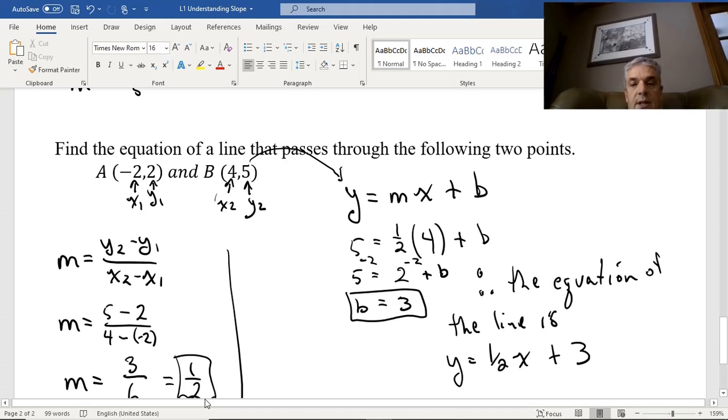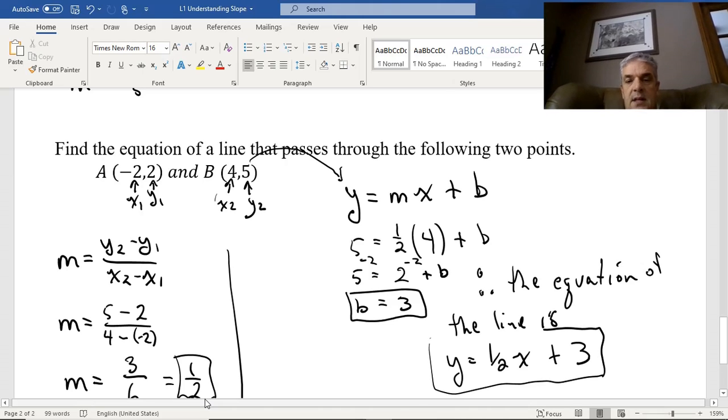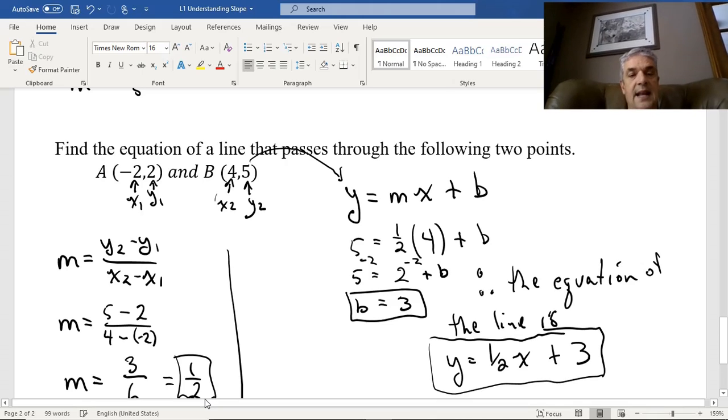And there is the equation of my line right there. And this method can be used over and over again anytime to find the equation of a line when 2 points are given. Some people will actually go as far as writing this.